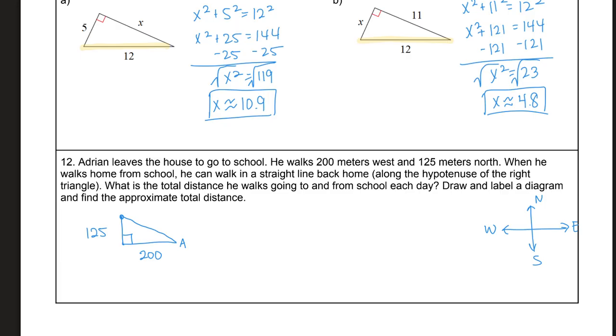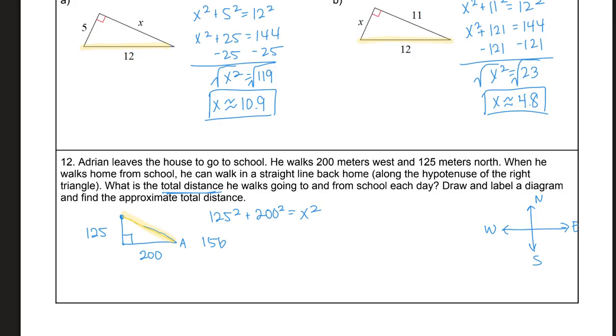We want to know what is the total distance he walks going to and from school each day. So essentially, we're looking for the perimeter of this triangle. First thing we need to do is we need to solve for the hypotenuse, which is here. So we're going to use Pythagorean theorem. So 125, let me use a different color here. So 125 squared plus 200 squared is equal to x squared.